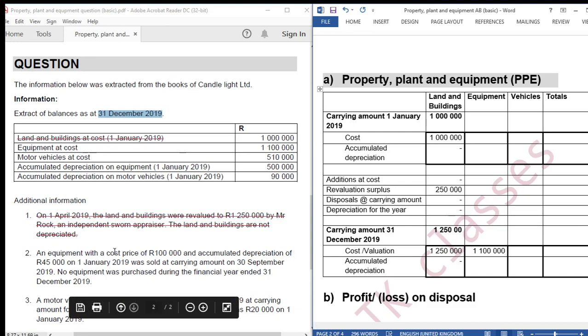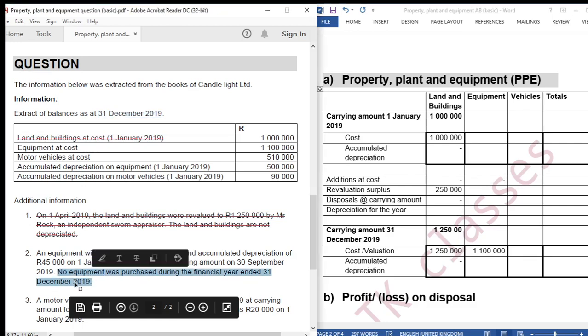An equipment with a cost price of 100,000 and accumulated depreciation of 45,000 on 1 January 2019 was sold at carrying amount on 30 September 2019. No equipment was purchased during the financial year ended 31 December 2019. We are going to strike through this.